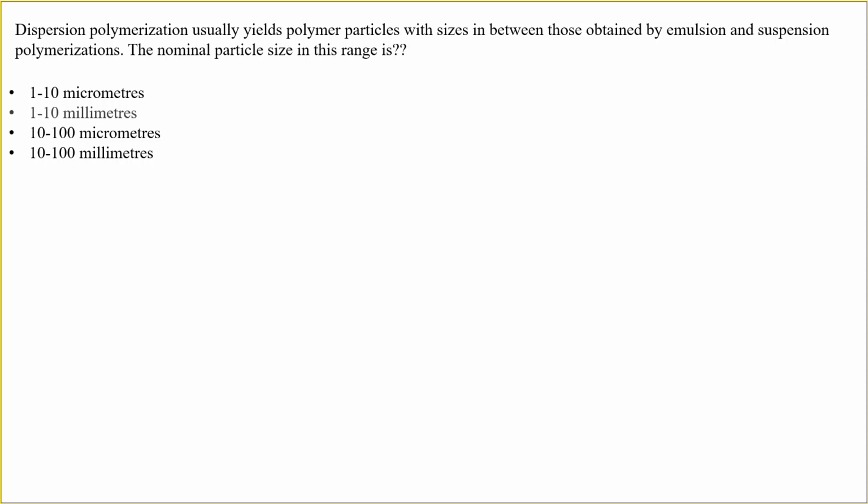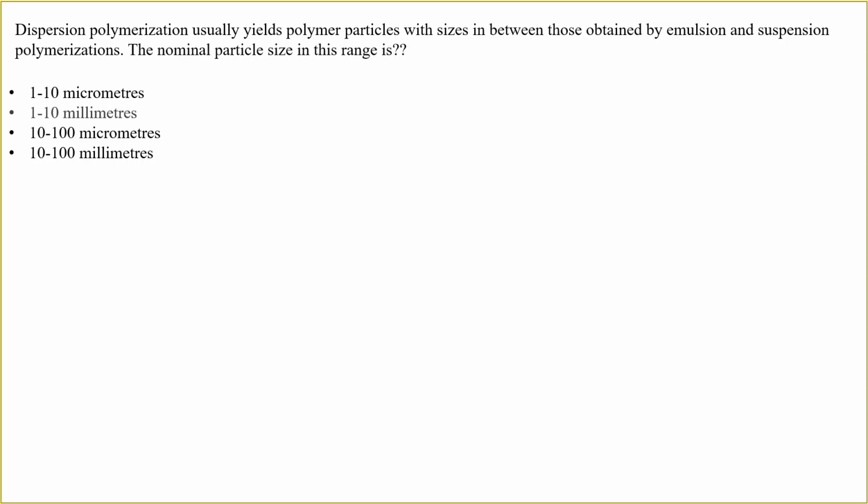Next we have: dispersion polymerization usually yields polymer particles with sizes in between those obtained by emulsion and suspension. If you know about emulsion polymerization and suspension polymerization, we clearly know that in emulsion polymerization the particle size lies between 1 to 10 micrometers, and suspension polymerization is between 10 to 100 millimeters.